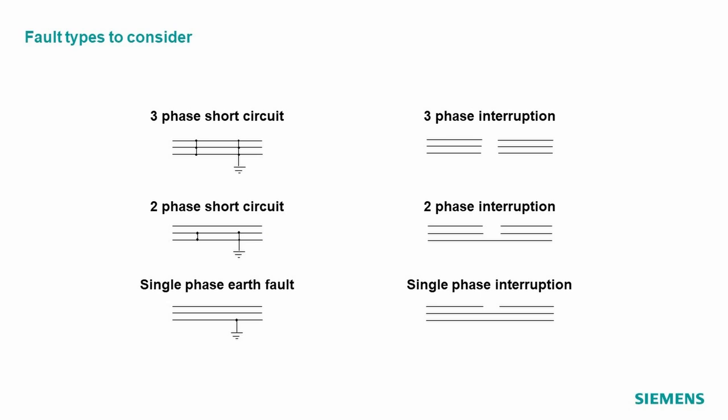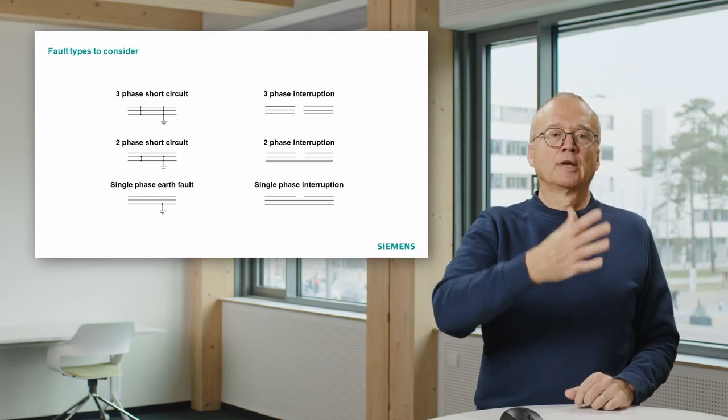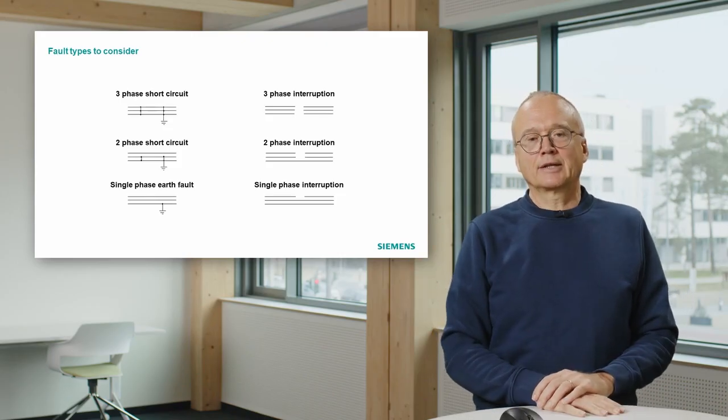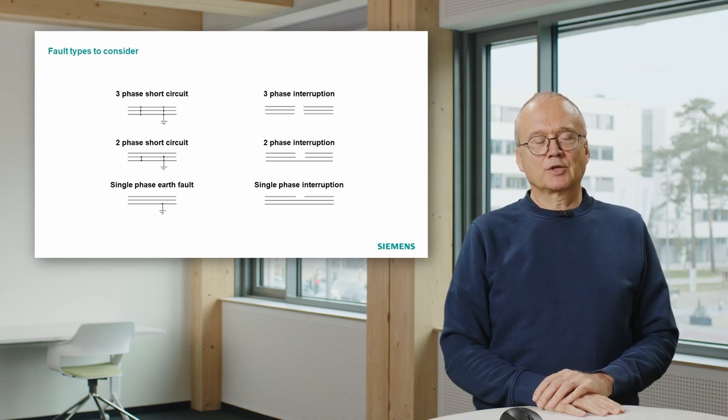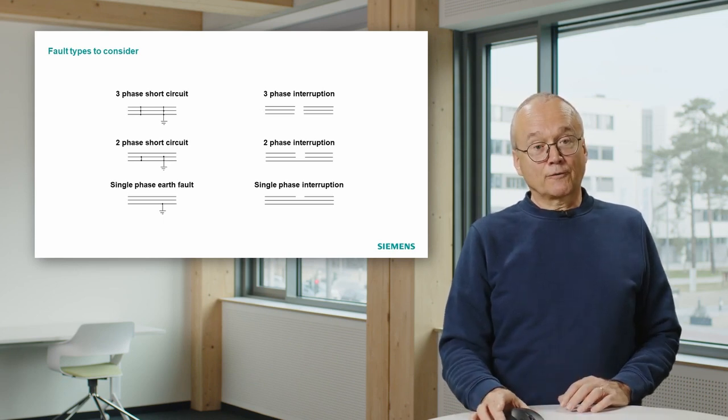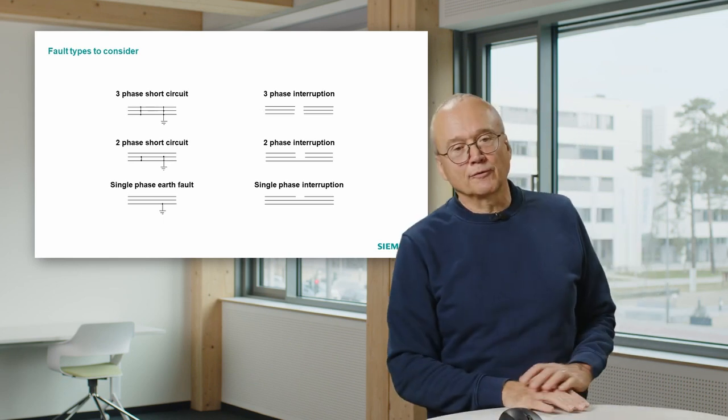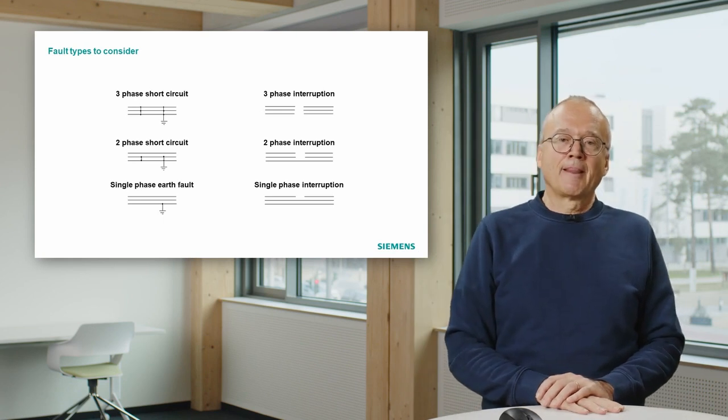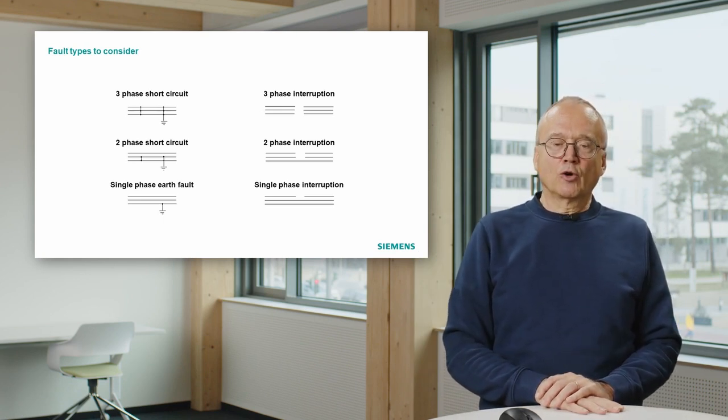And of course, you can also have just a short circuit between two phases. For instance, if the conductors of an overhead line start some oscillations. And of course, there is also a risk of a three-phase short circuit. That is not very often.